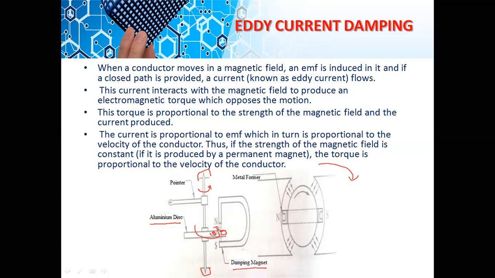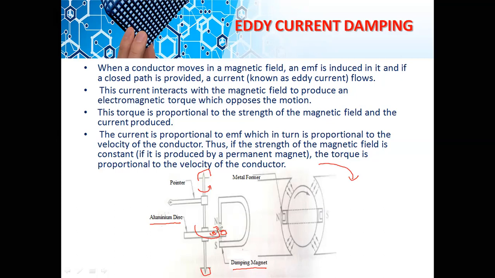What is the source of this current? The source of the current is the magnetic field, and another source of the current is movement of the aluminum disc. So the induction of the EMF is because of Faraday's law, and because there is a closed path, currents are flowing, and this current we call eddy current.